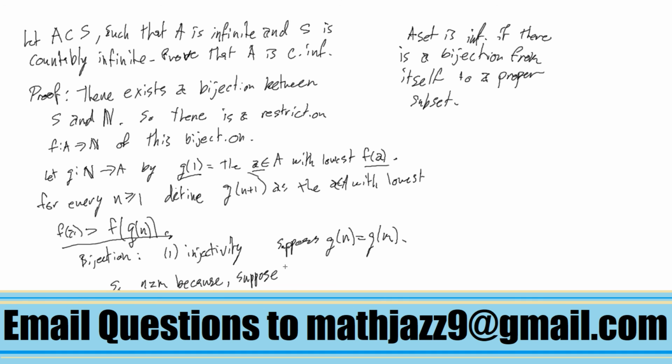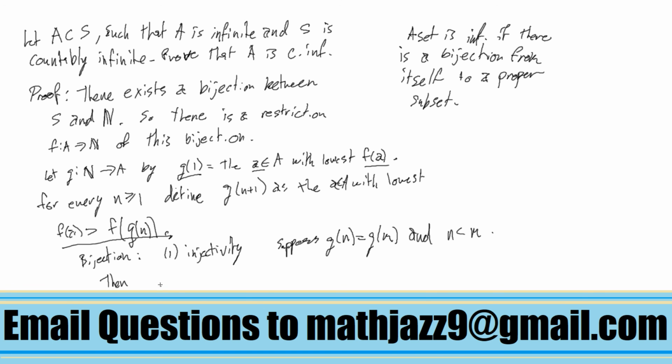So this is a proof by contradiction, which means we should probably start it here. Suppose this, and m is not n. By symmetry, we'll pick n is less than m, because that's always going to happen. If you have two numbers that aren't equal, one's going to be smaller, we'll just name the smaller one n.